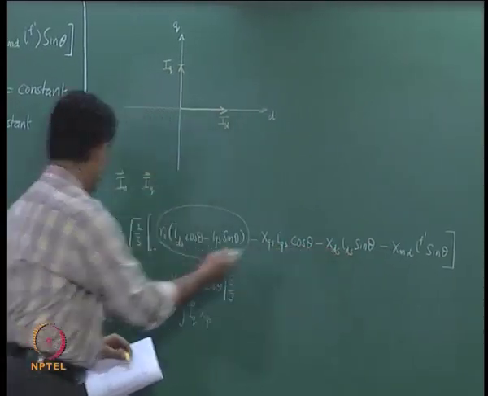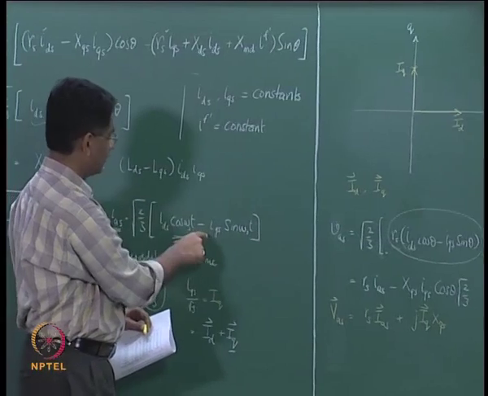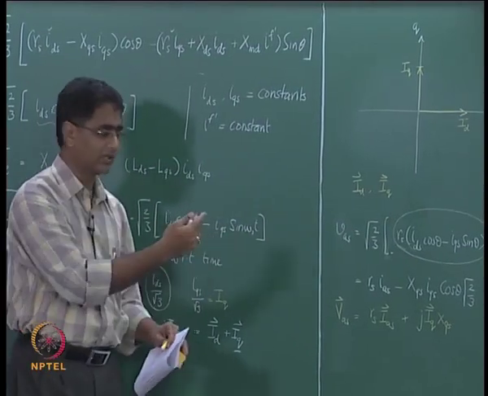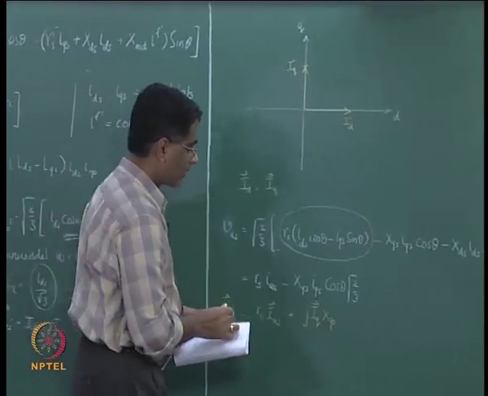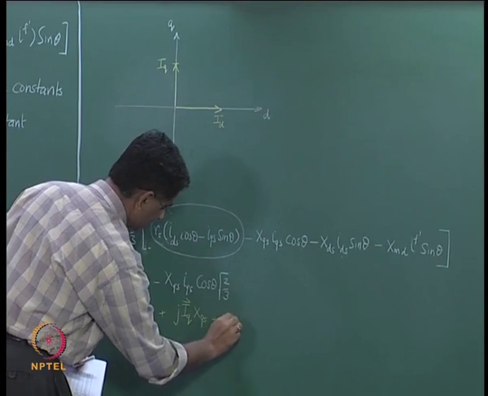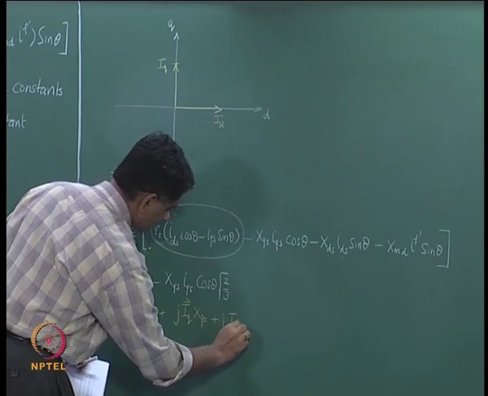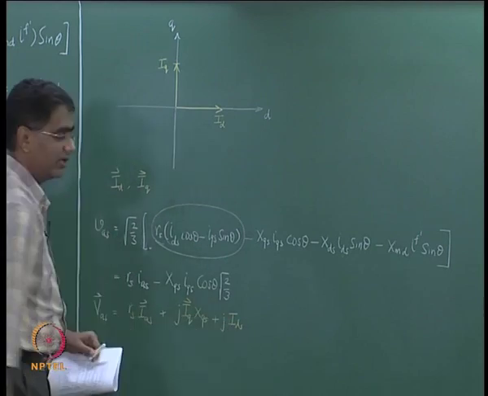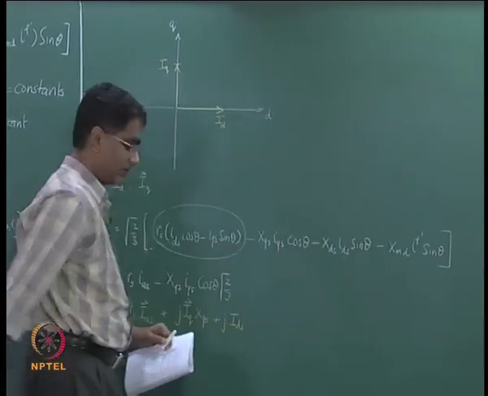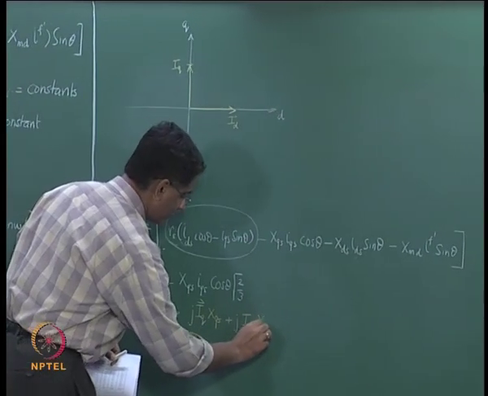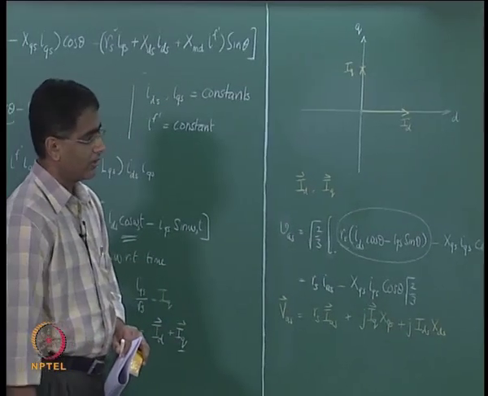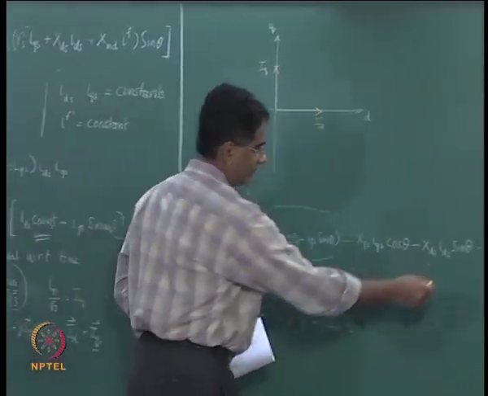That is just the same as what you had here, minus IQS into sin theta, but now instead of IQS it is IDS, and therefore this term can be represented as plus J times IDS. J times IDS would be the phasor which represents minus IDS sin theta multiplied by XDS, and then you have this term.